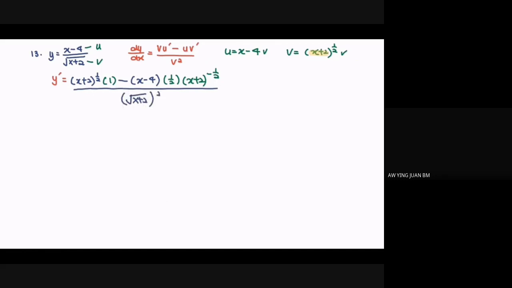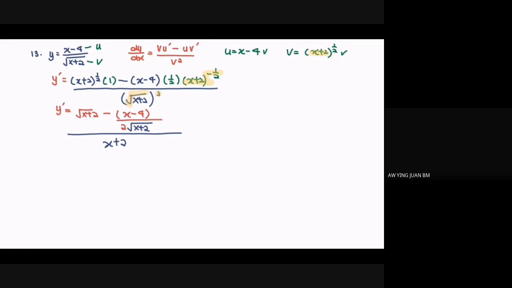Simplify the situation. Y prime will be equals to square root of x plus 2 minus, we have (x minus 4) divided by 2. Focus on this part and we will have square root of x plus 2 as the denominator over x plus 2 after we simplify the situation.